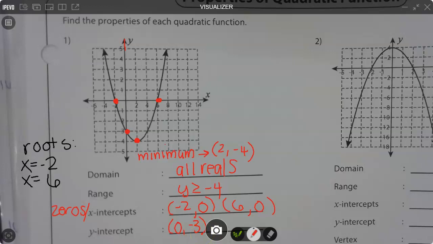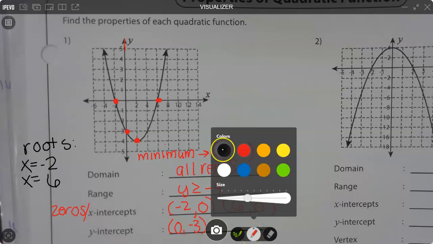Now, I may give you a question on your test that doesn't necessarily have a graph, but gives you 2 points. So it may say your vertex is (2, -4), and a point on your graph.